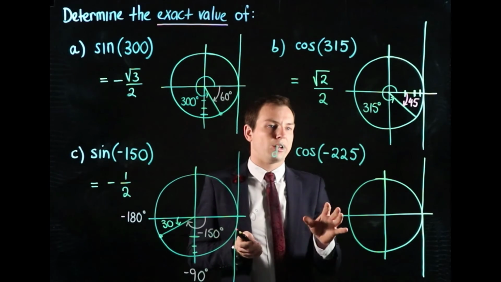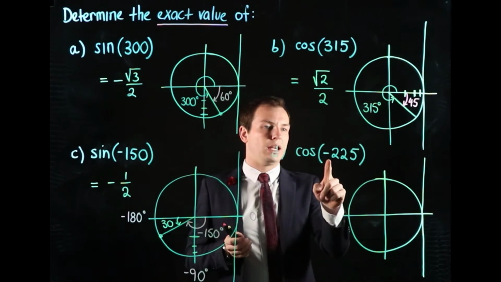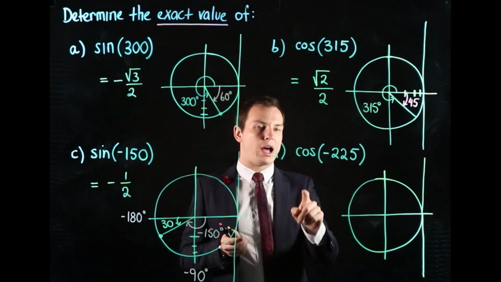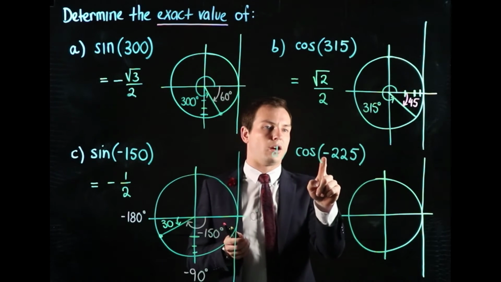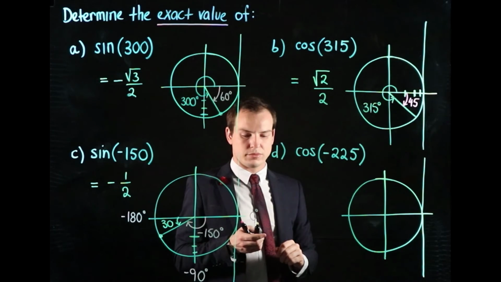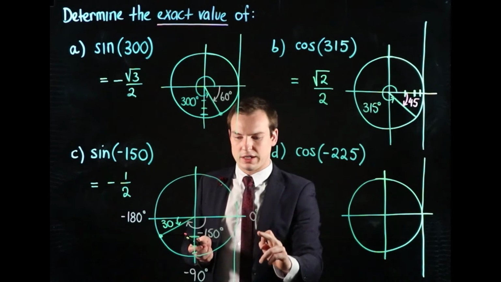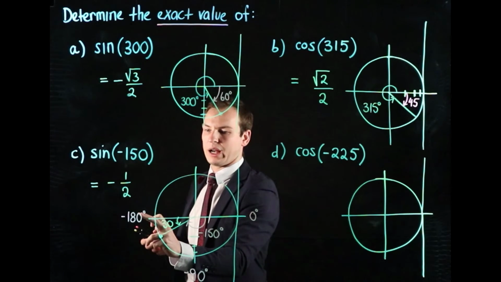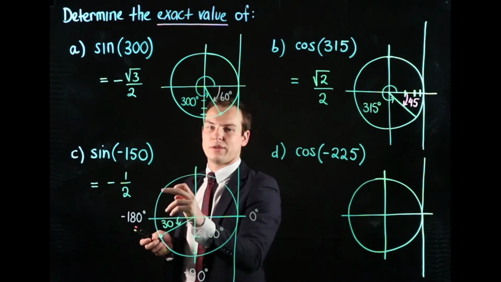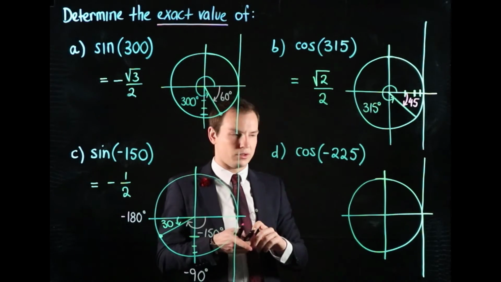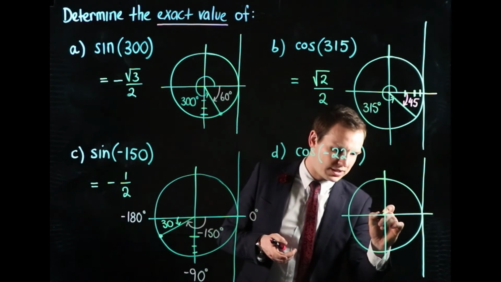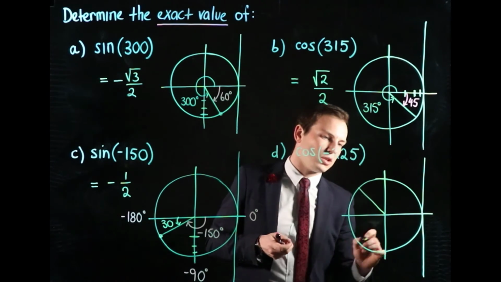For part D, we're going to have another negative angle, this time negative 225 degrees, and we're after the exact value for cosine of negative 225. Thinking again to what we were talking about, we'd have 0 degrees, negative 90, negative 180, and then we need to go another 45 degrees to get to negative 225. That would give us this position in the unit circle.